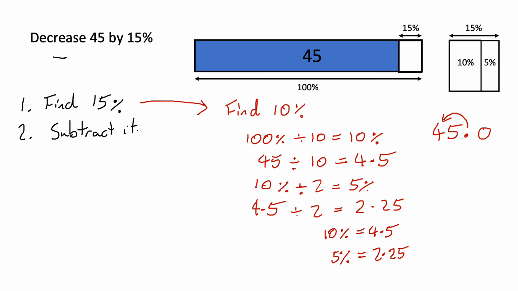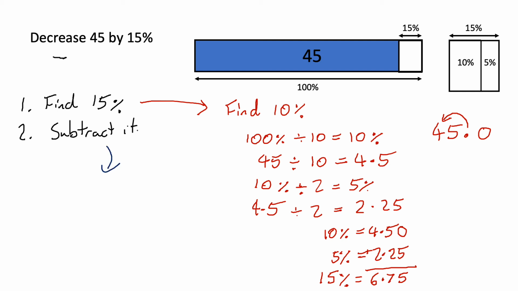And now we can add those together to get 15%. Make sure we've got everything nicely lined up, so put a placeholder in where we need one. 0 plus 5 is 5, 5 plus 2 is 7, 4 plus 2 is 6. 6.75. So 15% is 6.75.